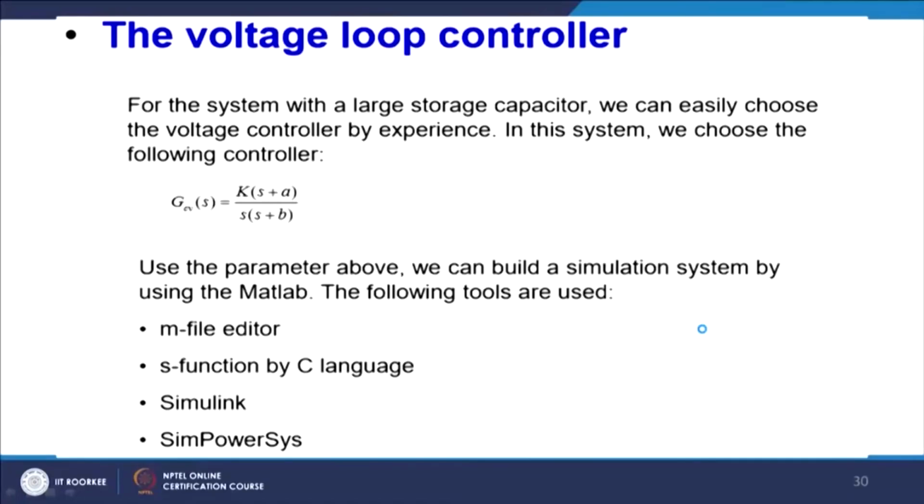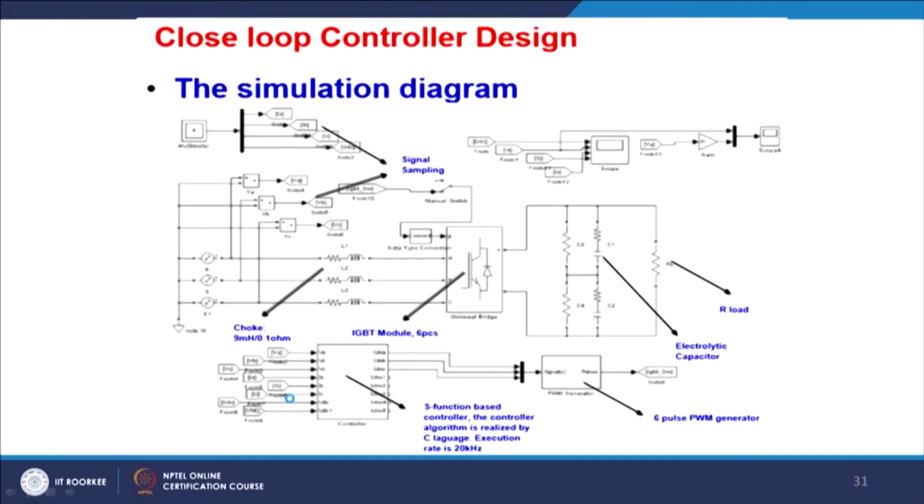For a system with a large capacitor, we can choose the voltage controller by experience, and the system can be chosen like this. Using the above parameters it can be built in Simulink MATLAB, or you can do it by either of these. We generally prefer Simulink for the sake of simplicity. I am showing you the Simulink model of this.